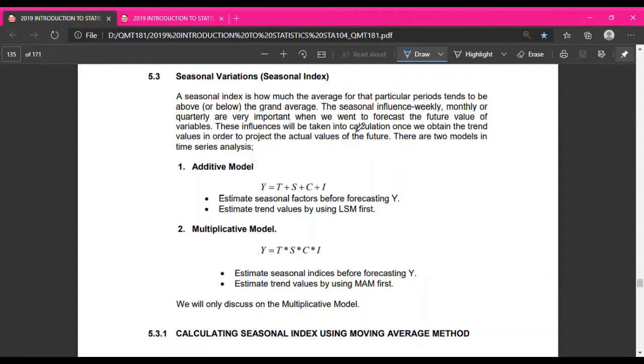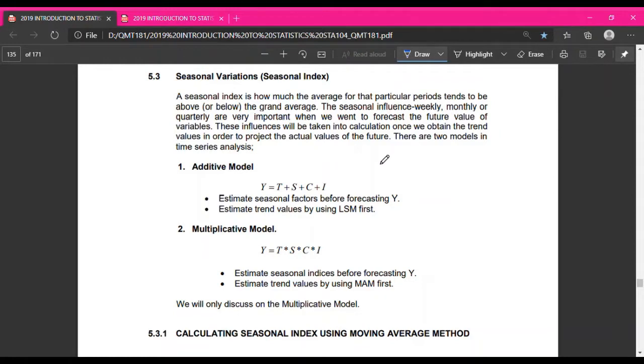The seasonal influence, weekly or monthly or quarterly, is very important when we want to forecast the future value of the variables. This influence will be taken into calculation once we obtain the trend values, in order to project the actual values of the future.